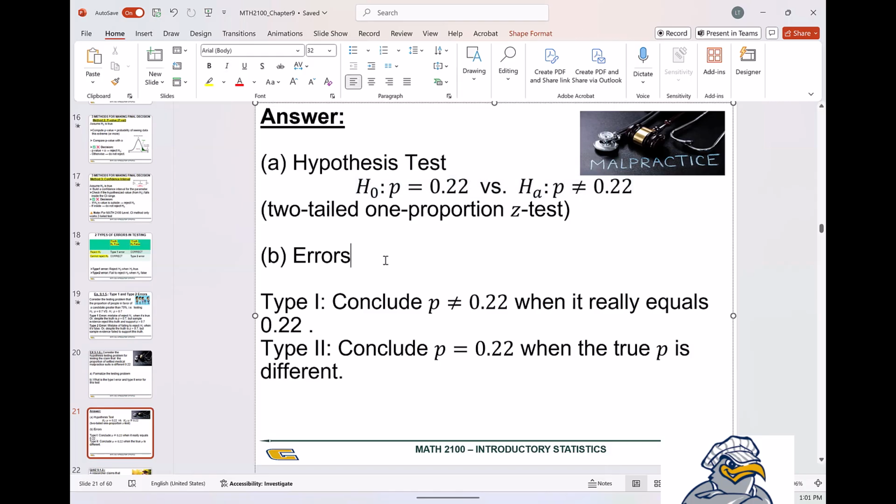So the error we can make, a type 1 error, is to reject H naught when H naught is true, which means you conclude that P is different from 0.22 when it really equals 0.22. And for type 2 error here, you fail to reject H naught, which is pretty much like you fail to conclude this when the true P is different, right?